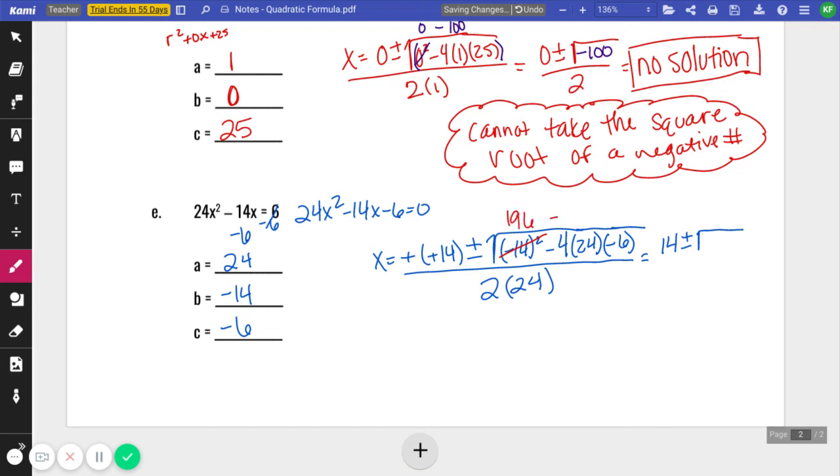And then it's going to be minus negative 4 times 24 times negative 6, which is positive 576. Holy giant numbers. So then we want to add those together, and we get the square root of 772. It's a positive discriminant, so that means we should still be getting 2 solutions for this one. And then it's all over 48.